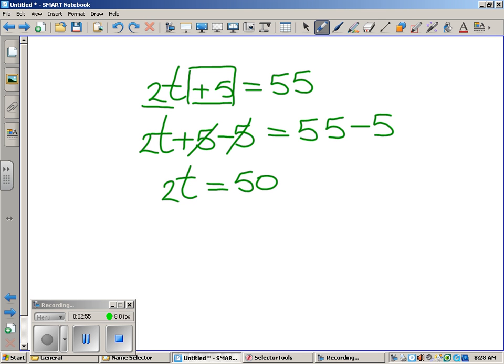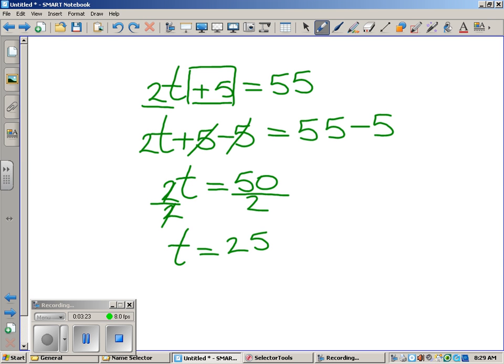Now that I look at my 2t, I know that 2 is being multiplied to t because they're so close together, and I know the opposite operation to both sides is going to be the division. And I do the division with the line underneath the number because it's easier and it looks neater. Anyhow, to isolate t, I have to get rid of 2. So I divide both sides. Again, they'll cross out. t equals 25.